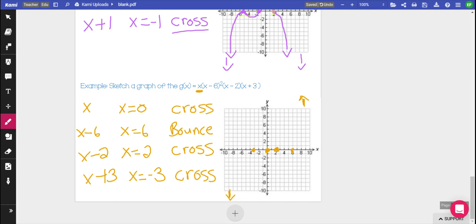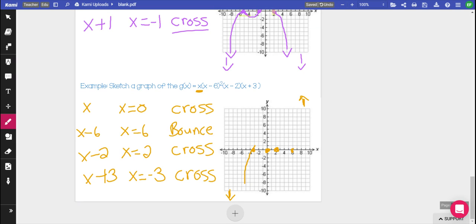All right. So again, we know we're starting in the negative direction. Once we get to the negative 3, we're going to have to cross over it. So starting in the negative direction, I'm crossing at the negative 3. The next root that I get to is at 0, which again is going to be a cross. We can do some quick multiplication there to get our y-intercept, right?